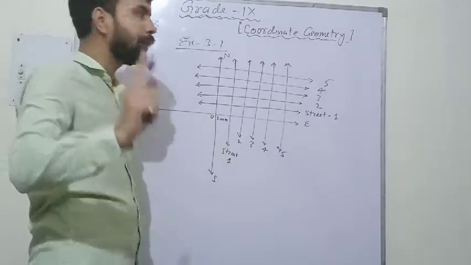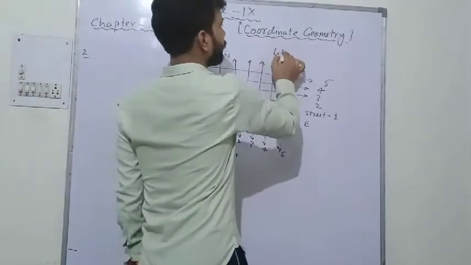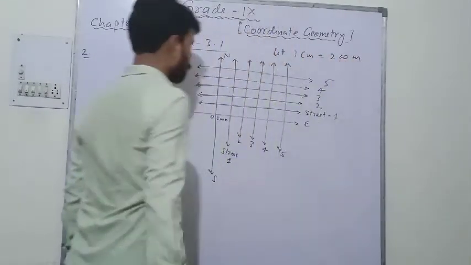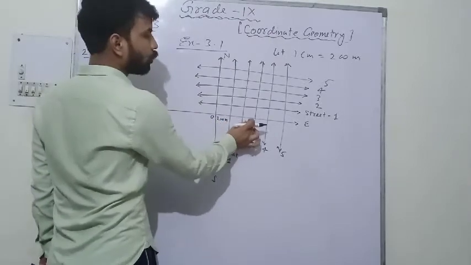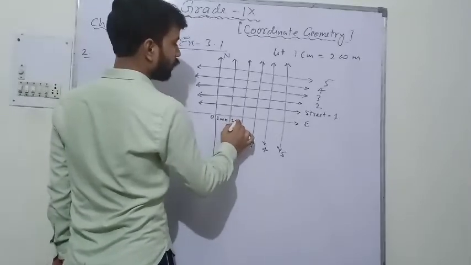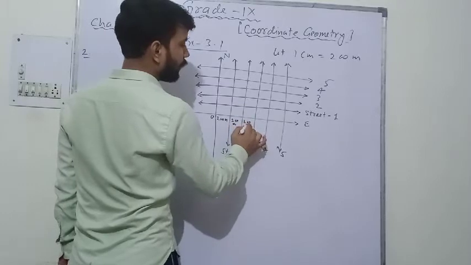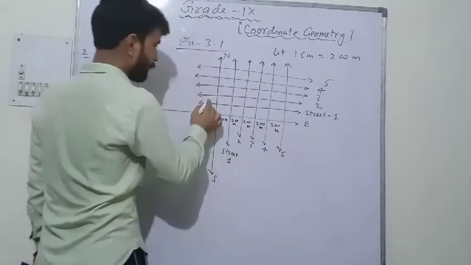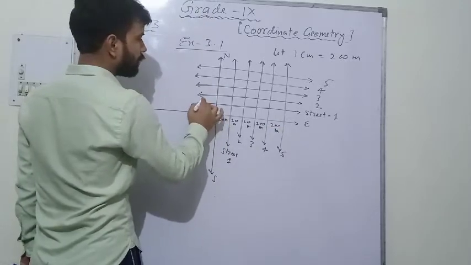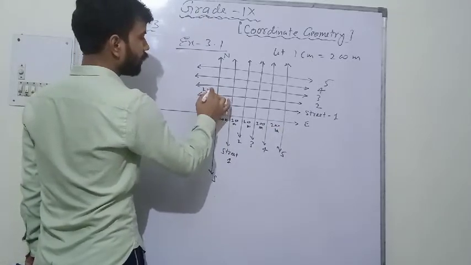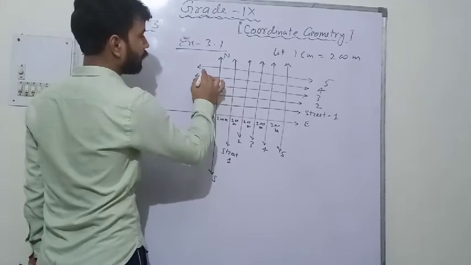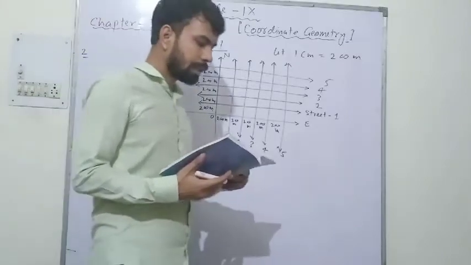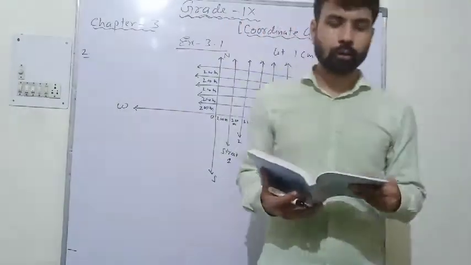So the distance between 2 streets is 200 meters, 200 meters, and so on. Same here, 200 meters for each gap. Understood? Now the question is saying draw a model of the city in your notebook.